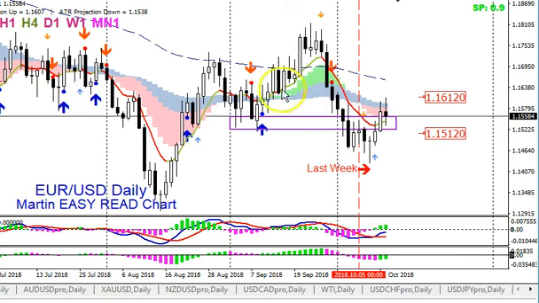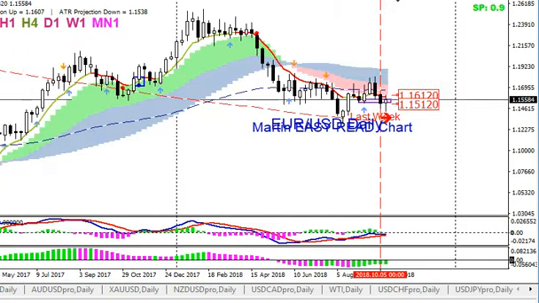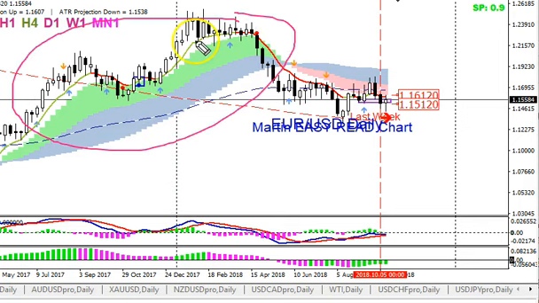The first chart you can see right here is the EURUSD daily, and I'm going to switch to the weekly chart. You can see the color. I'm using the Easy Read charts, which help you understand direction, and you can see obviously here green. When we have green above blue, we're in an uptrend, and here all of a sudden we are in a downtrend. Okay, so just keep that in mind.